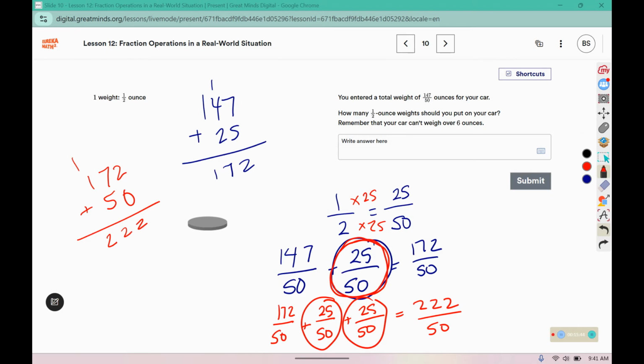Let's go with 2 more. That would be 272 over 50. And that's going to put me close to 6 ounces, but not over. Okay, so that was 1, 2, 3, 4, 5 weights. And that puts me at 272 over 50.